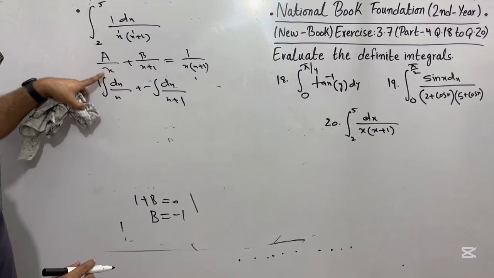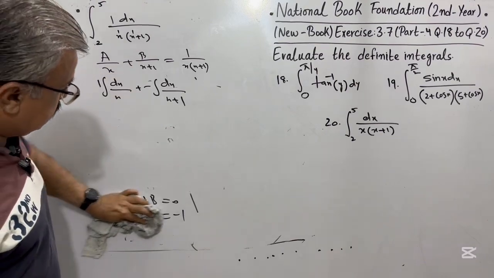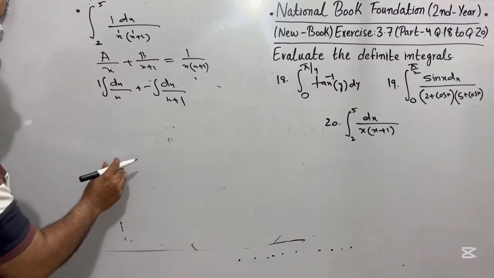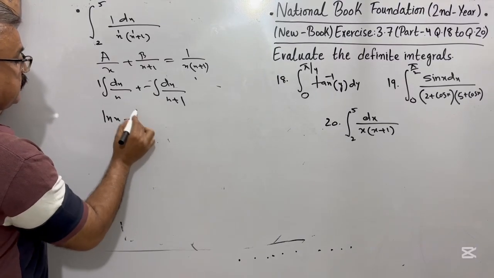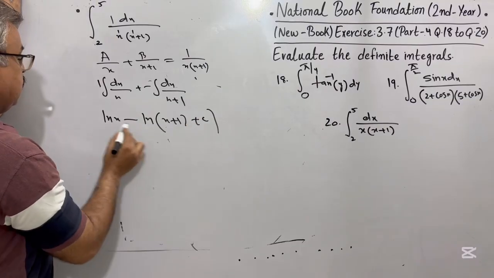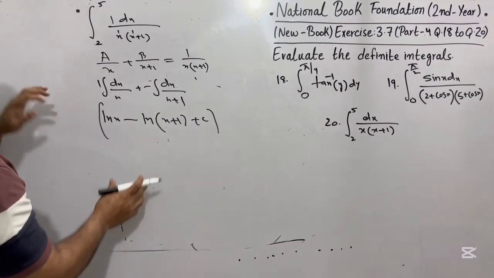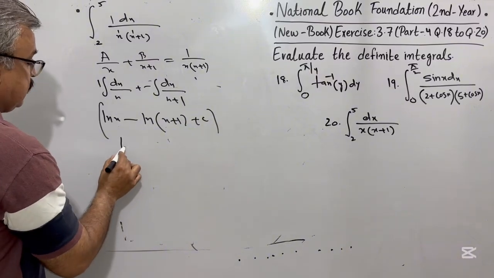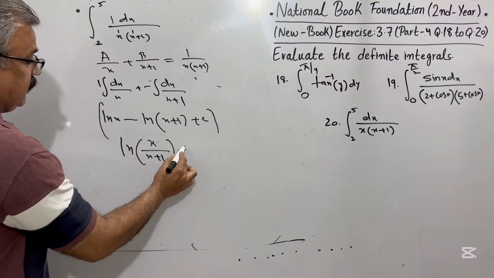It is the standard situation of ln x minus ln x plus 1 plus c. We have some limits. Let me compress this term utilizing the property of log: ln x over x plus 1 plus c.